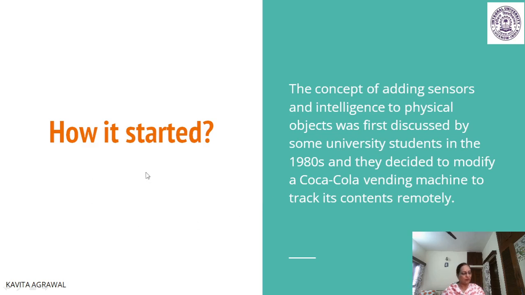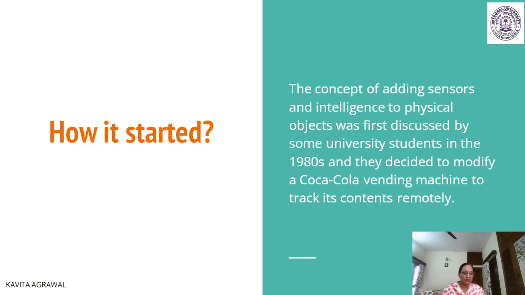If we see how all of this started, the concept of adding sensors and intelligence to physical objects was first discovered by some university students in the 1980s. There was a Coca-Cola vending machine and they wanted to track its contents remotely so that they wouldn't have to go there and physically verify whether it had the cola bottles in it or not.